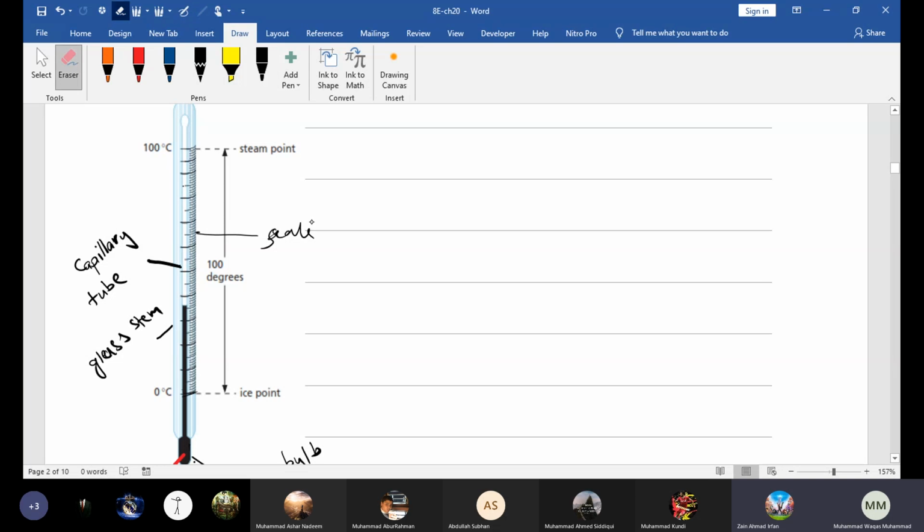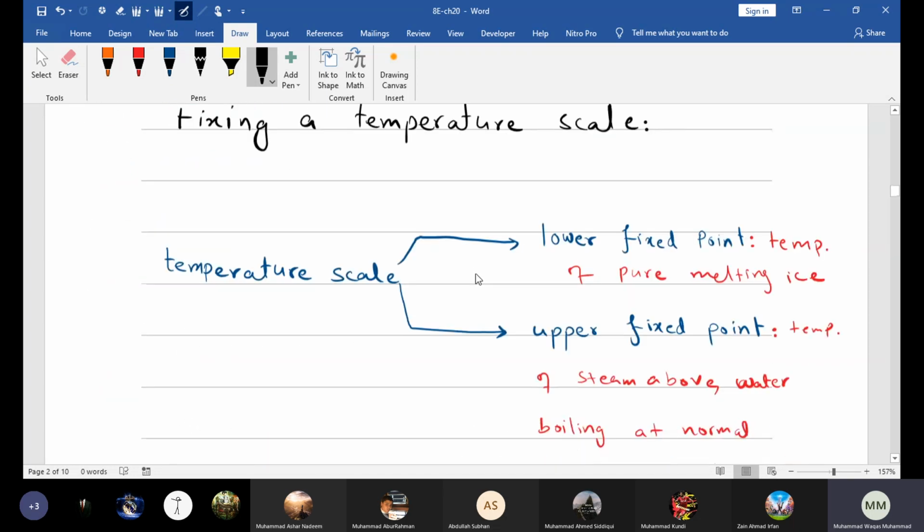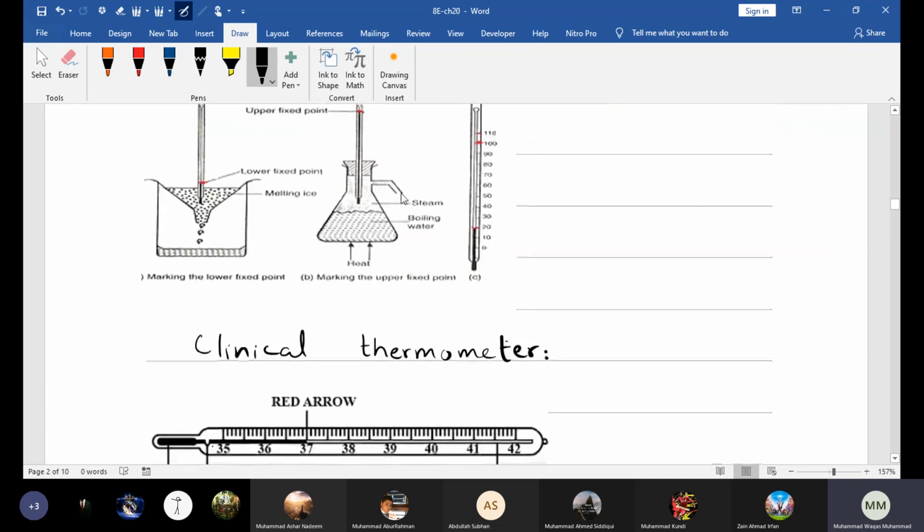Okay, so we did that in our last class, and we also discussed how to obtain the fixed points, or how to put the scale.